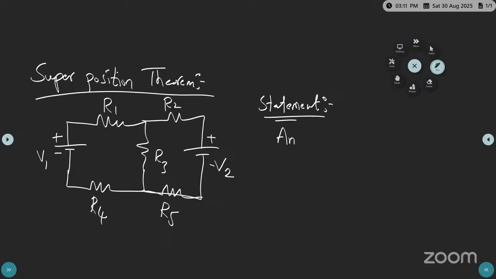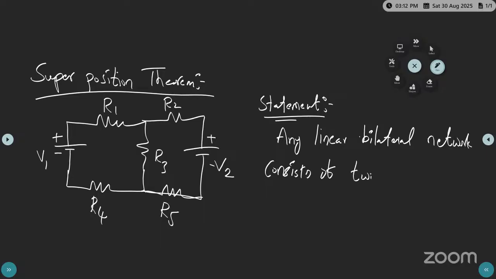The superposition theorem states that any linear bilateral network consists of two or more sources.